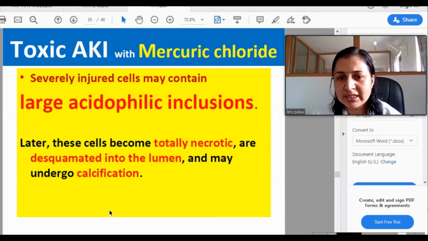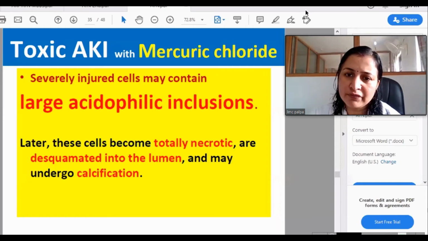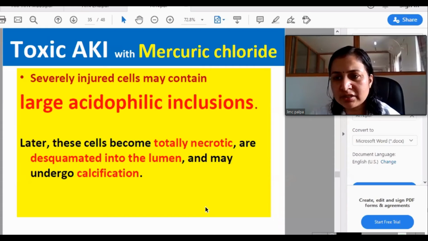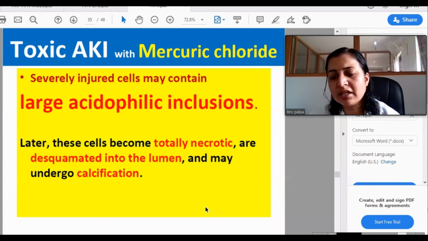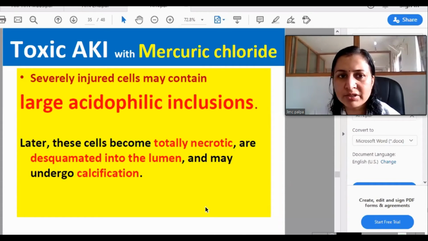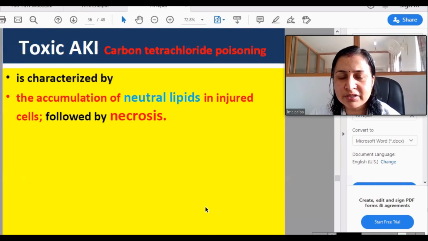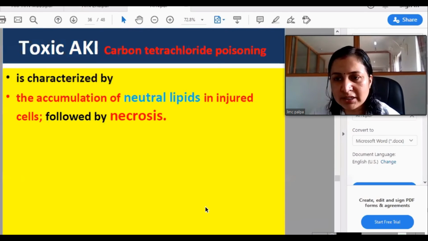The cells which are necrotic get desquamated in the lumen, and if they remain for a long time, they will undergo calcification, and that calcification is known as dystrophic calcification. It's just an example that if it is mercuric chloride, then there will be a large acidophilic inclusion. There are many poisonings that come with acute tubular necrosis.